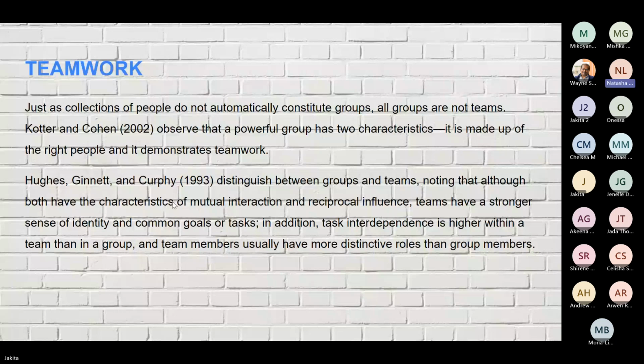Hughes, Ginnett, and Curphy also distinguish between groups and teams, noting that although both have the characteristics of mutual interaction and reciprocal influence, teams have a stronger sense of identity and common goals or tasks. In addition, task interdependence is higher within a team than a group, and team members usually have more distinctive roles than group members.